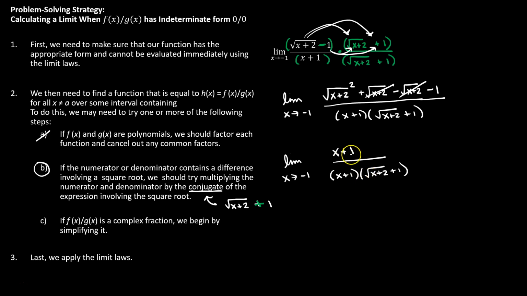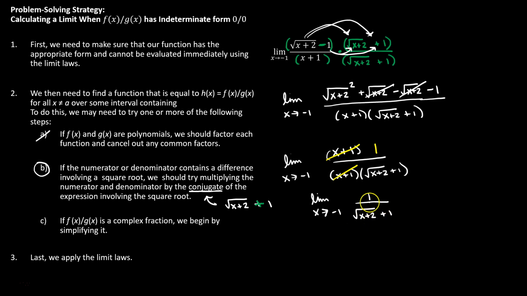And look at how wonderful this is. That x plus 1 in the numerator matches with the x plus 1 in the denominator. We can divide them off, leaving behind a factor of 1 in the numerator. So finally we have 1 over the square root of x plus 2 plus 1, and now we're ready to evaluate our limit as x approaches -1.